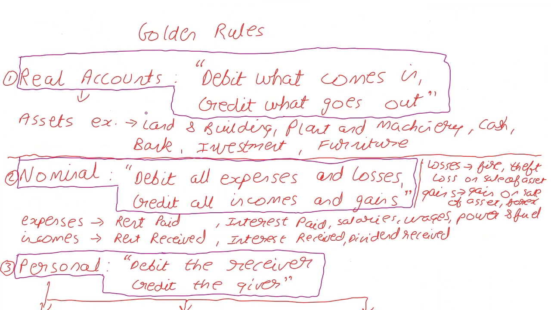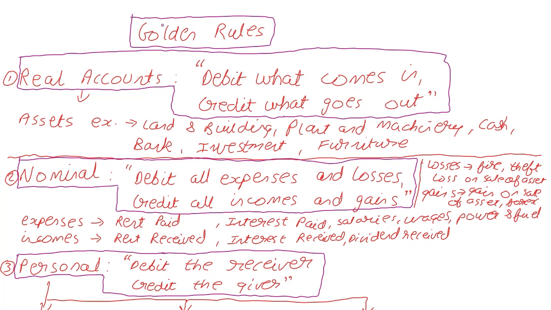Memorize these three golden rules. If this clicks, you will understand accounting, not just in the 11th standard or 12th standard or CA Foundation or CS or CMA or whichever course you're doing. You will understand this from the first time you learn accounting all the way till your master's degree, professional degree, wherever you are learning accounting.